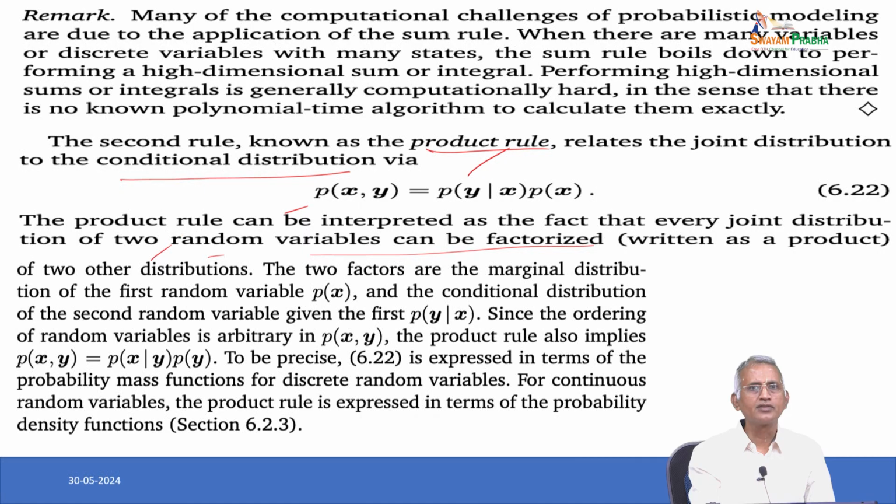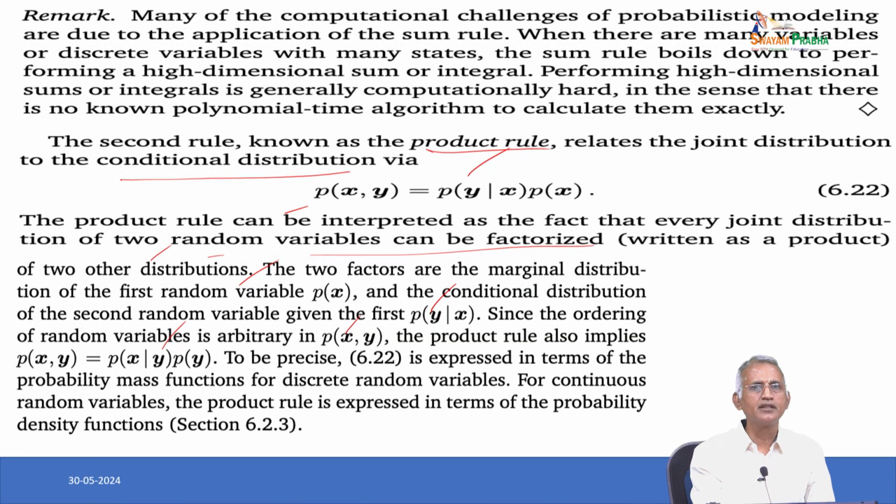The two factors are the marginal distribution, the first one for the random variable, p of x, and the conditional distribution of the second random variable, p of y given x. Now, the ordering of the random variables is arbitrary in p of x comma y. Therefore, the product rule implies that p of x comma y equals p of x given y times p of y.